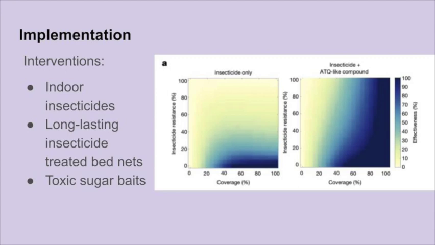In the future, researchers can collaborate with public health workers to implement insecticides in indoor spraying of house walls, integration of ATQ to long-lasting insecticide-treated bed nets, and attractive toxic sugar baits, in which female mosquitoes become exposed to chemicals while feeding on sugar before blood meals.